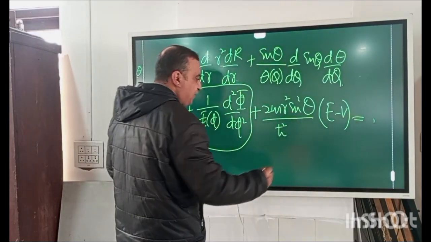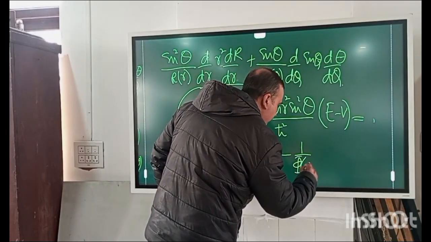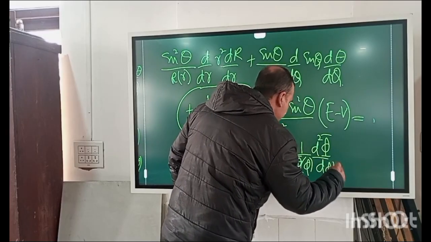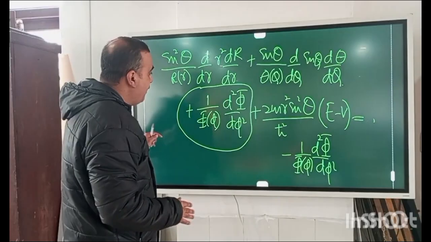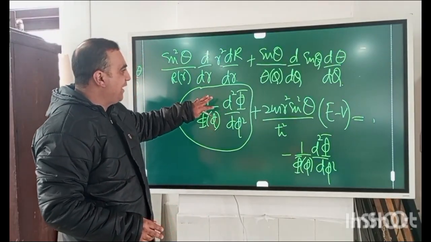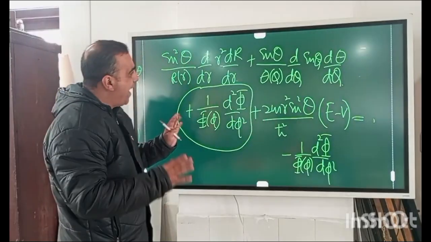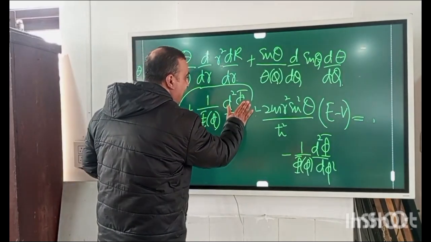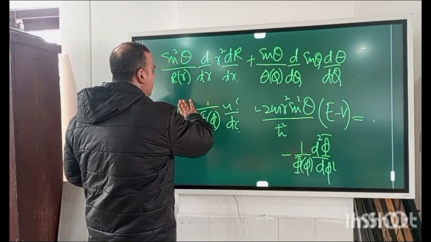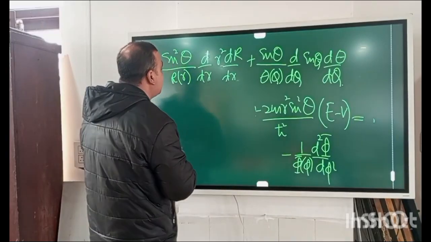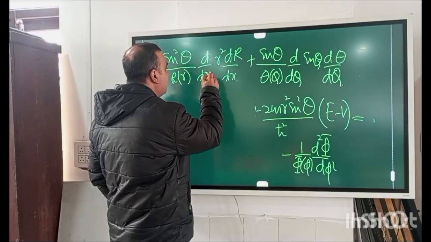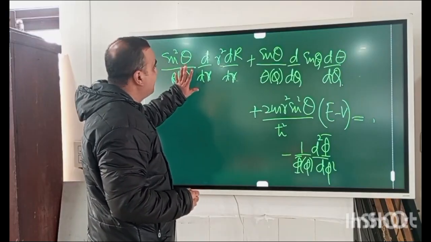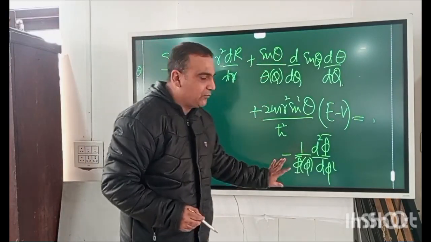What I will have is minus 1 by Φ(φ) d²Φ/dφ². So I have transferred the azimuthal angle part to the right hand side, and now I have an expression on the left hand side and one on the right hand side. Now this plus this is equal to this.